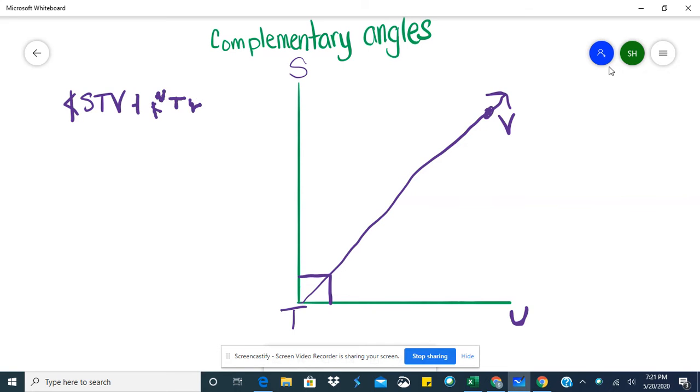The way I remember this, you draw a C for complementary, right? So here's my C for complementary. My C turns into a 9, 90. That's how 90 degrees equals complementary.